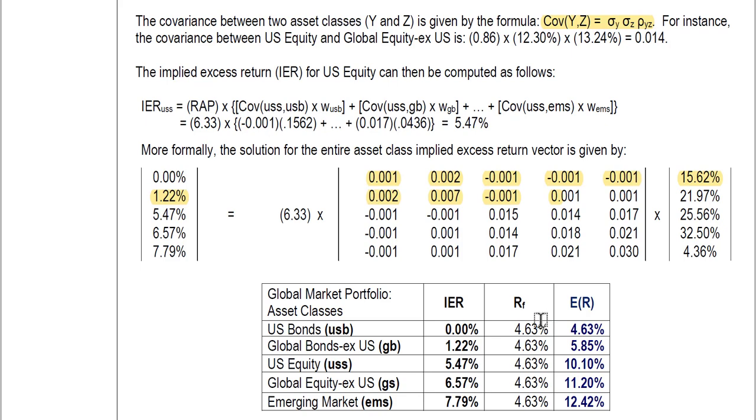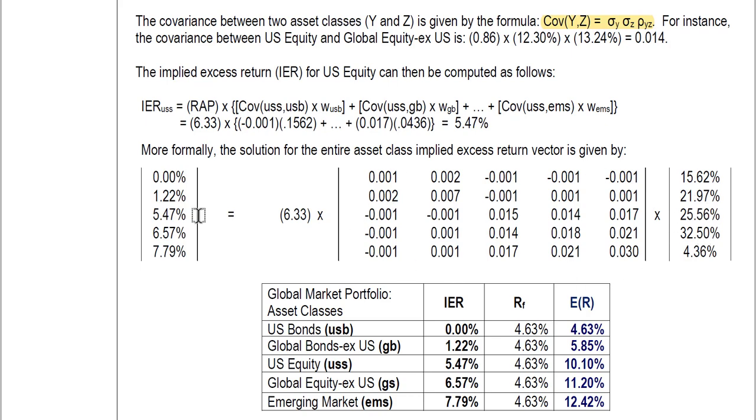The covariance matrix is 5 by 5, and then we calculate with the risk aversion parameter, 6.33 per unit of risk, times the variance covariance matrix times the optimal weight already existing in the market.